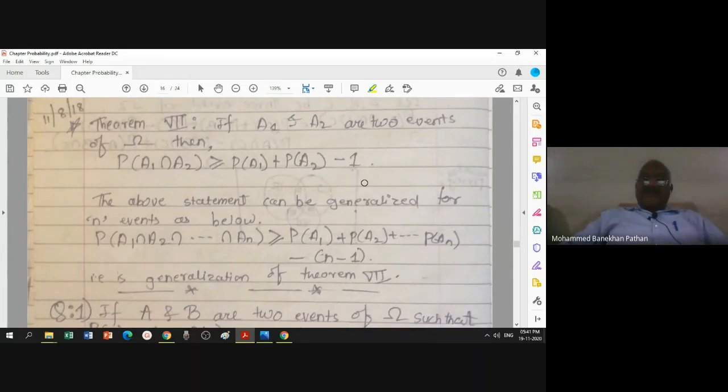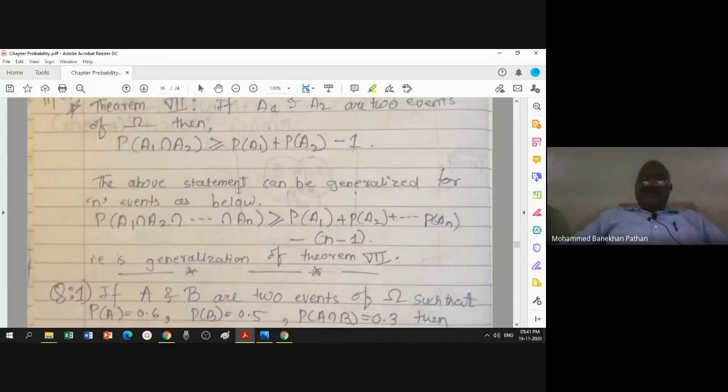You can make a generalization of this: P of A1 intersection A2 intersection dot dot intersection An is greater than or equal to P of A1 plus P of A2 plus dot dot P of An minus n minus 1.